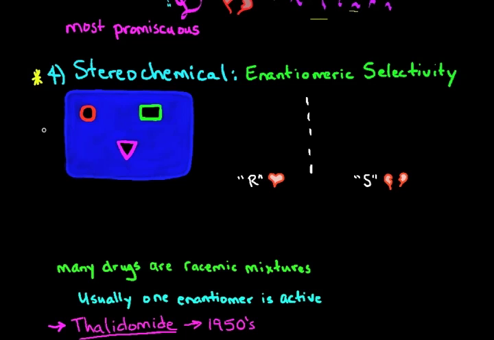Okay, so you remember, I hope, that enantiomers are mirror images of each other, right? So if this is our substrate that is in the R form, and this would be the one in the S form, they're mirror images of each other.